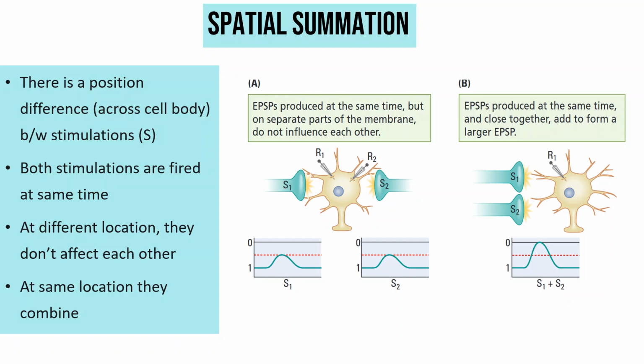The difference is we are not taking time difference into account. We are firing at the same time, at different locations and at the same location. What we observe is that when the locations are different, the signals are taken as different, so signals can be differentiated if they are on opposite sides. But if they are on the same side and very close to each other, they are taken as the same and combined. Cool.